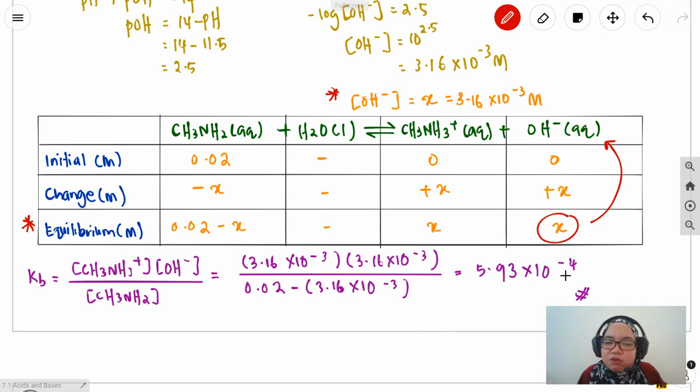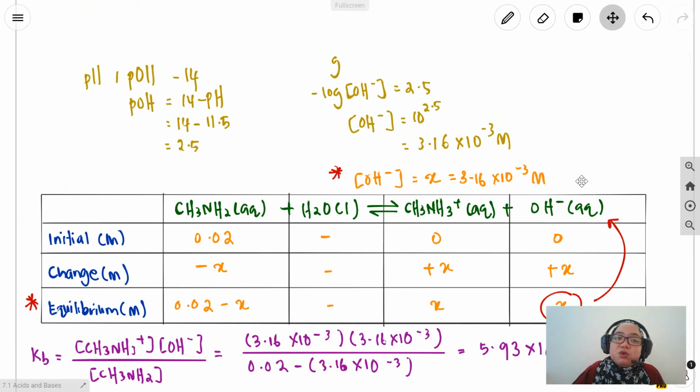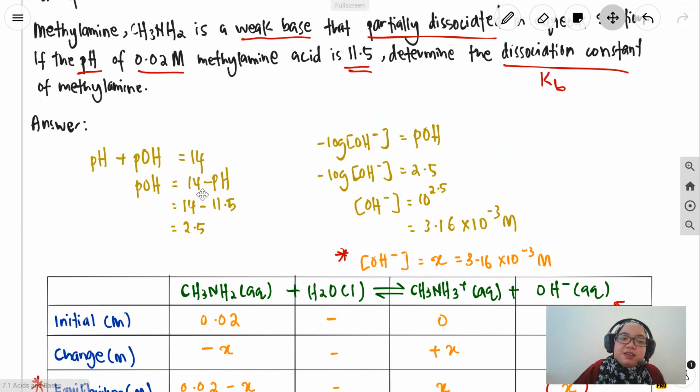Kalau soalan tanya untuk acid pun sama juga. Kena buat ICE table, kena cari value X untuk dapatkan Ka. Okay. But depends on question. Kalau dia bagi pOH, kena guna cara ni lah, kalau untuk acid lah. Kan? Senang cerita, kalau dia bagi, contohlah untuk acid, right? For acid, dia bagi you pH. So, directly you can find concentration of H+.